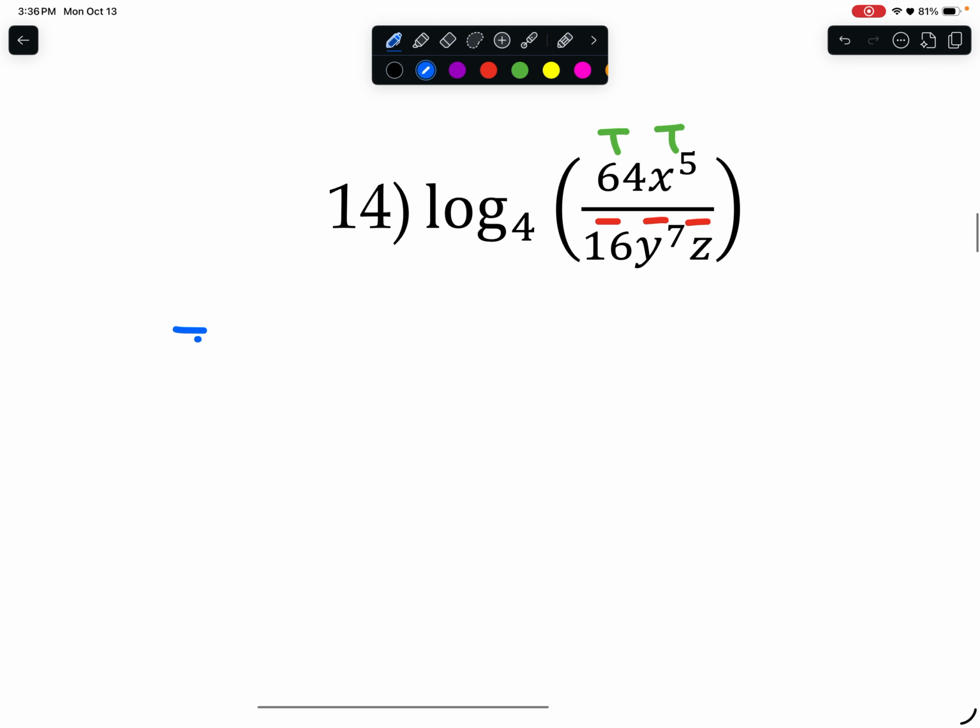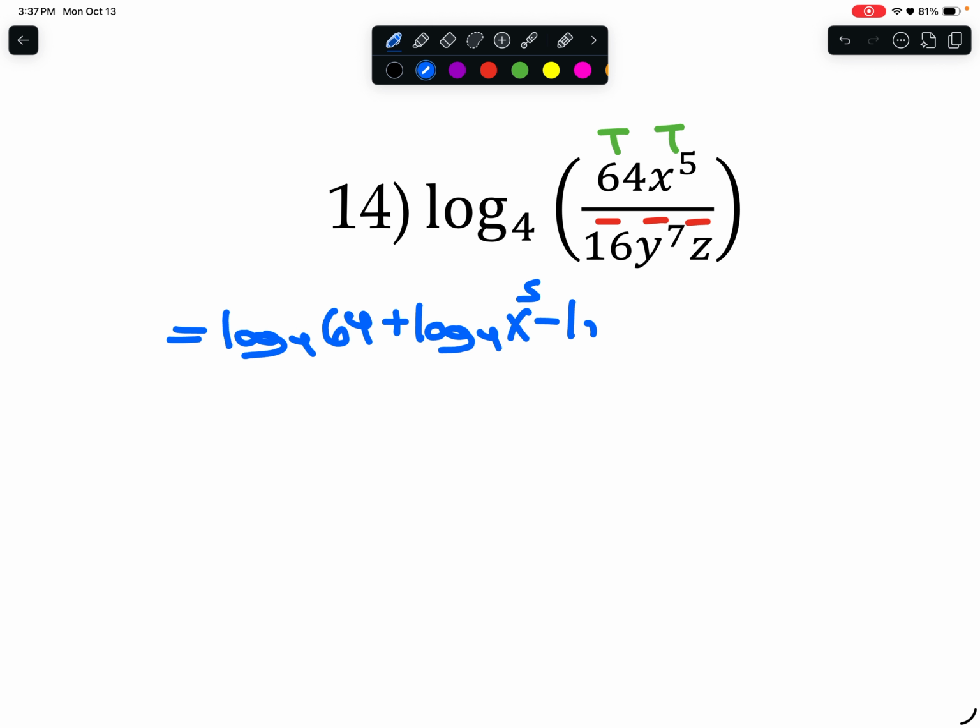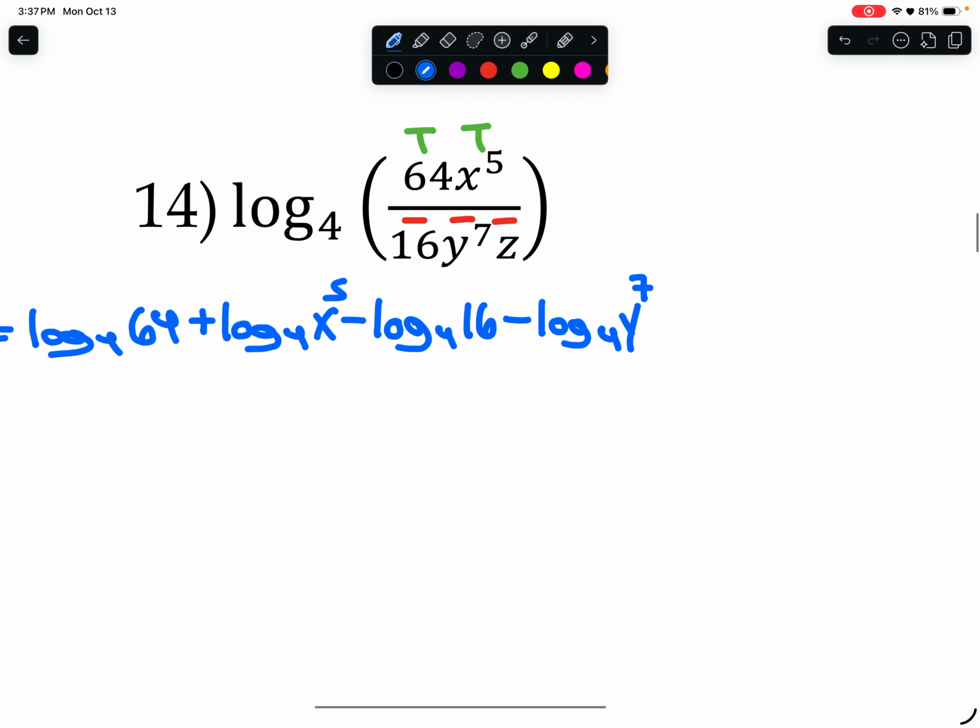So when I rewrite, I'm going to have log base 4 of 64 plus log base 4 of x raised to the 5th minus log base 4 of 16 minus log base 4 of y raised to the 7th minus log base 4 of z.